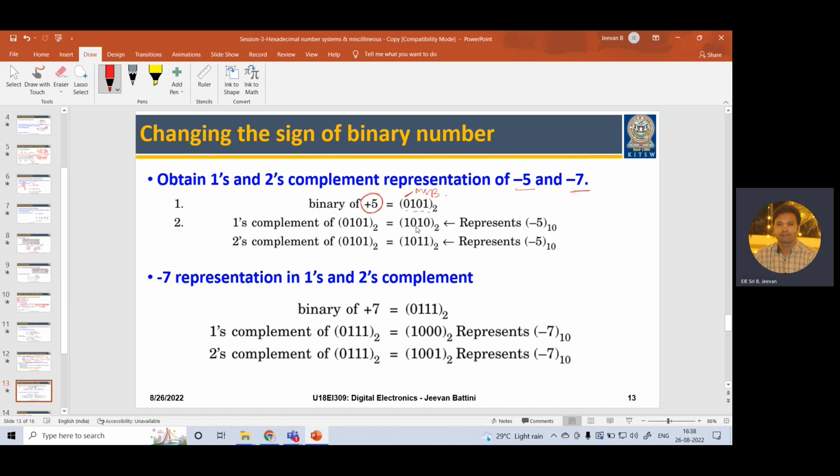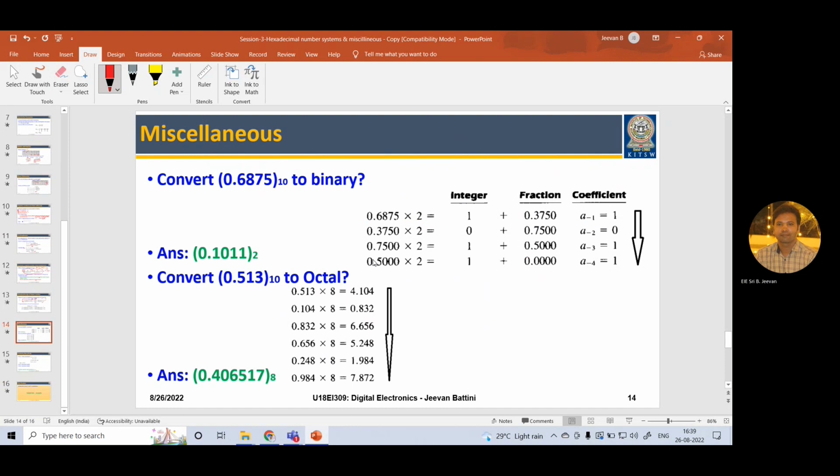So 0, 1, 0, 1 is +5. Do the 1's complement. This is nothing but -5 in 1's complement. And if you do the 2's complement of +5, not 2's complement of 1's, this will be the -5 representation in 2's complement. Similarly, you can work out on -7.